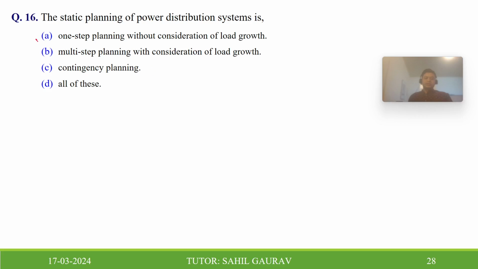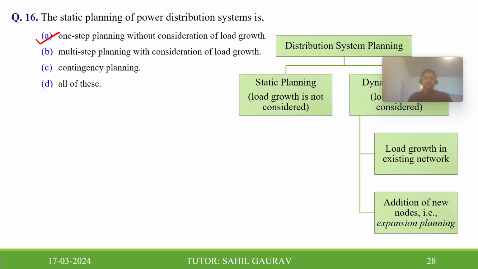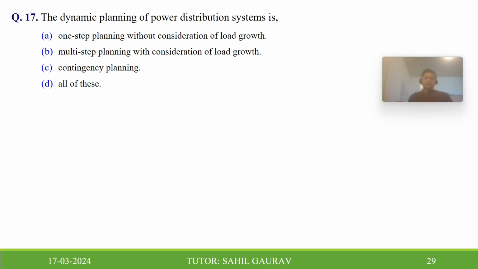Option A, yes, option A is correct. So static planning is one step planning in which we don't consider the load growth. While dynamic planning of power distribution system, of course, should be multi-step planning with consideration of load growth. So B is the correct answer.